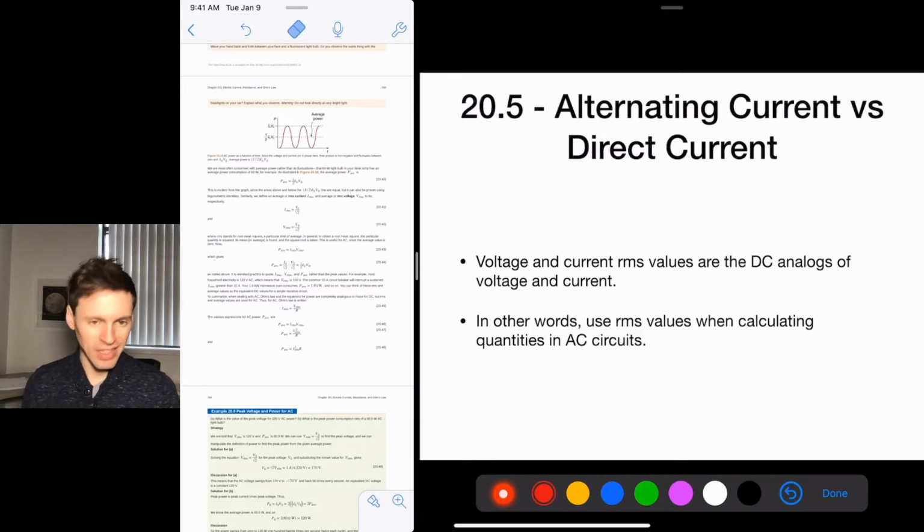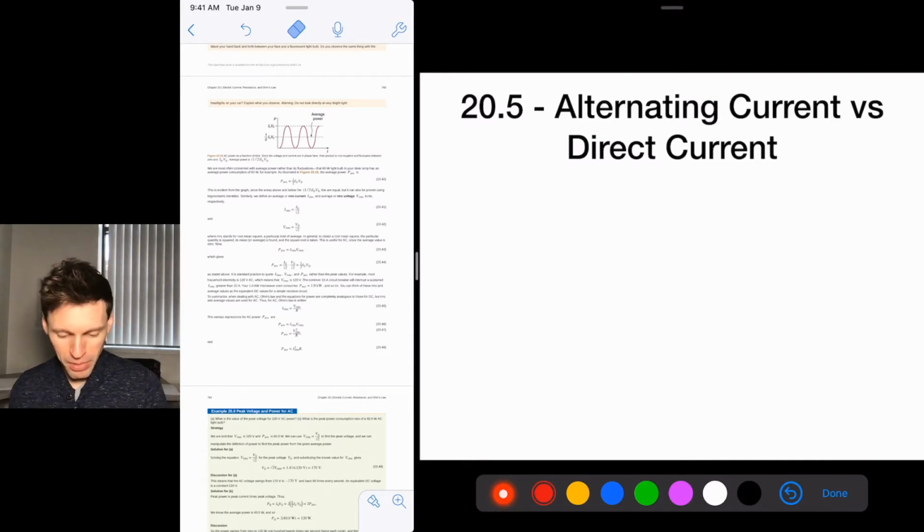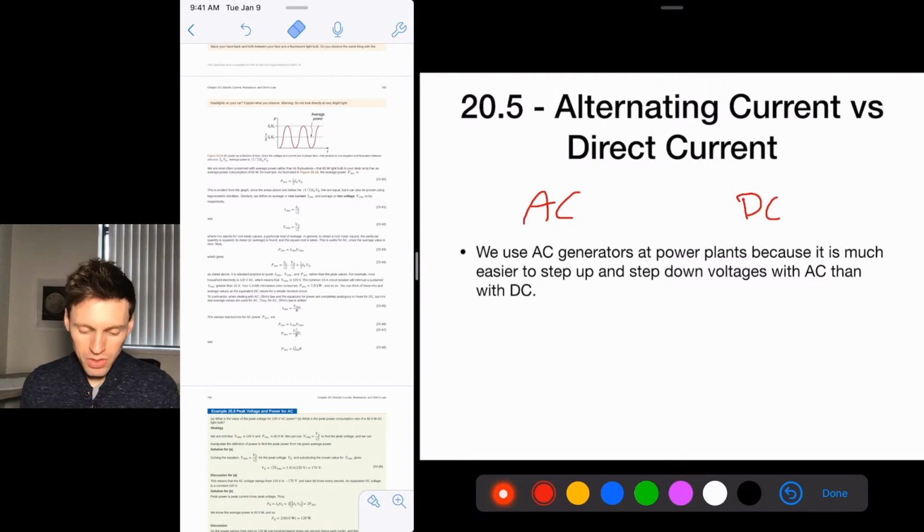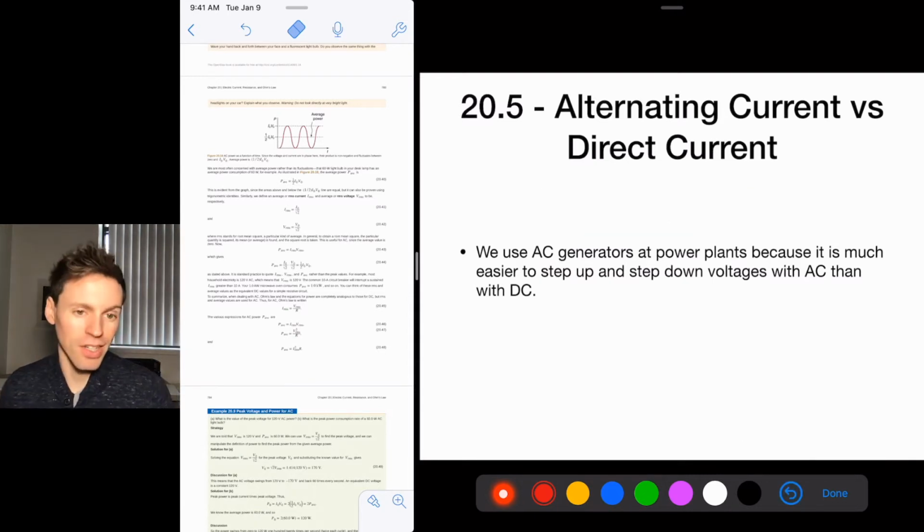So when you calculate resistance, voltage and current in an AC circuit, generally we want to use the RMS values. Make sure you're using V_RMS and I_RMS when you're doing V equals IR type problems, unless otherwise stated, like asking what the peak is compared to the regular.